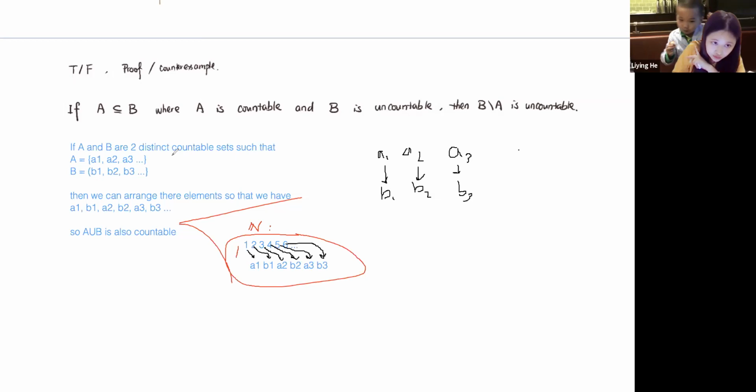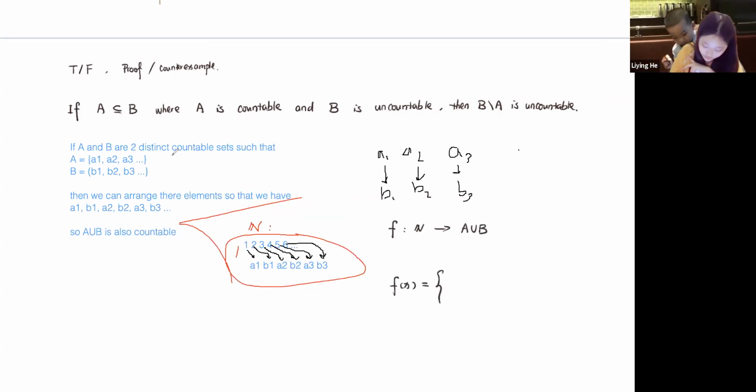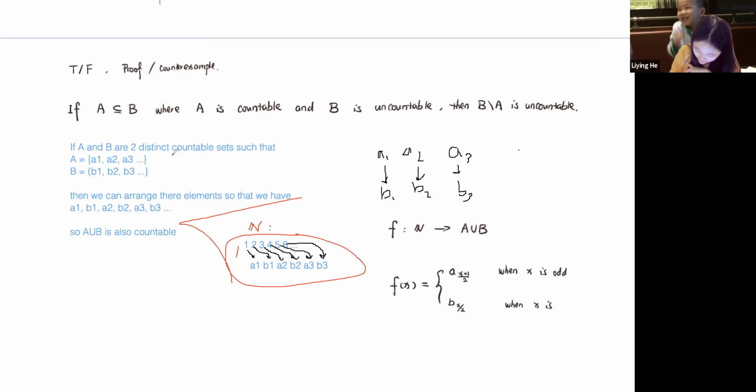So you either use this or use the f mapped from natural numbers to A union B, where your f of x equals a, not this a, small a, of (x plus 1) over 2 when x is odd, and b of x over 2 when x is even.